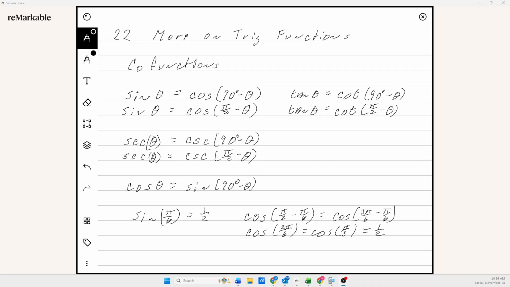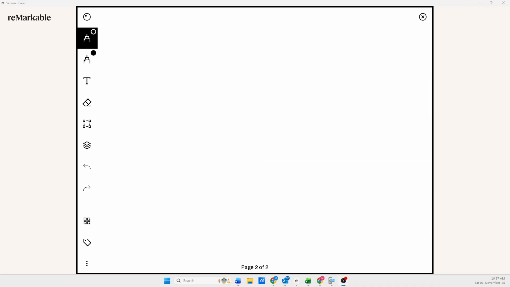And we could have done that in degrees, the same thing. We're going to get the same value there. And I used one that we know, but it doesn't matter if we know it or not.